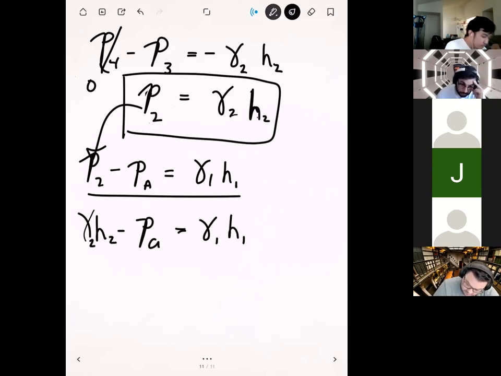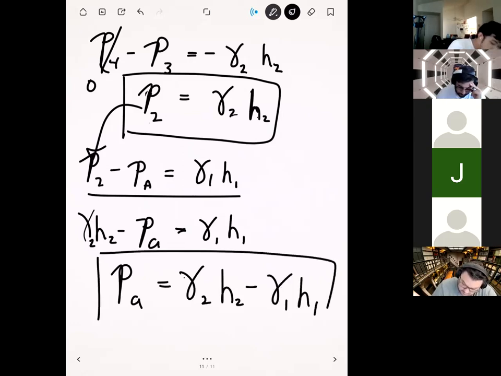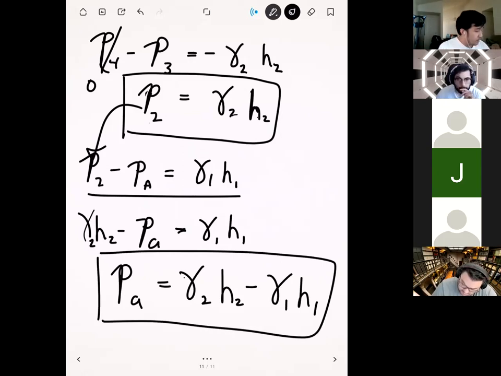Solving for PA, we get PA is equal to gamma 2 H2 minus gamma 1 H1. That's the pressure at point A in this U-tube manometer, based on the specific weights of the fluids and the height difference between the different columns.